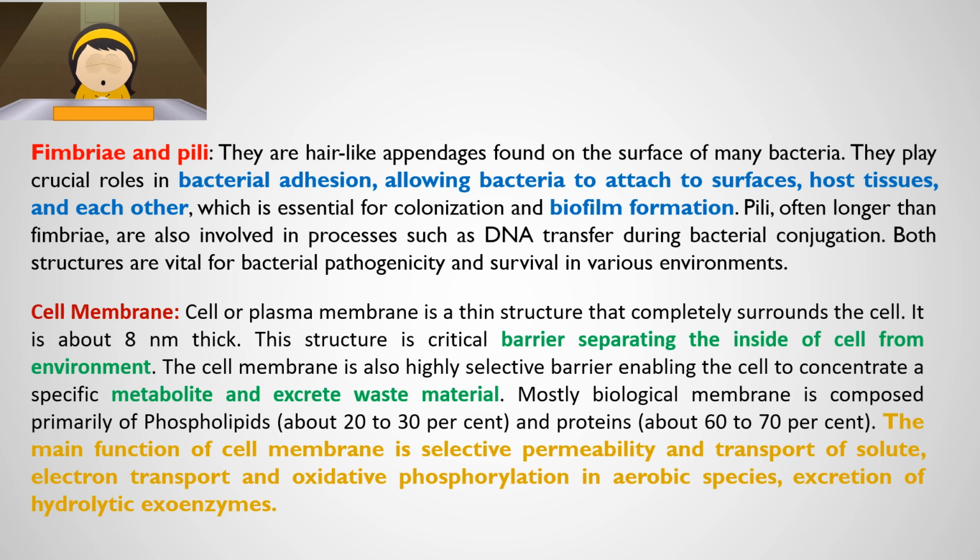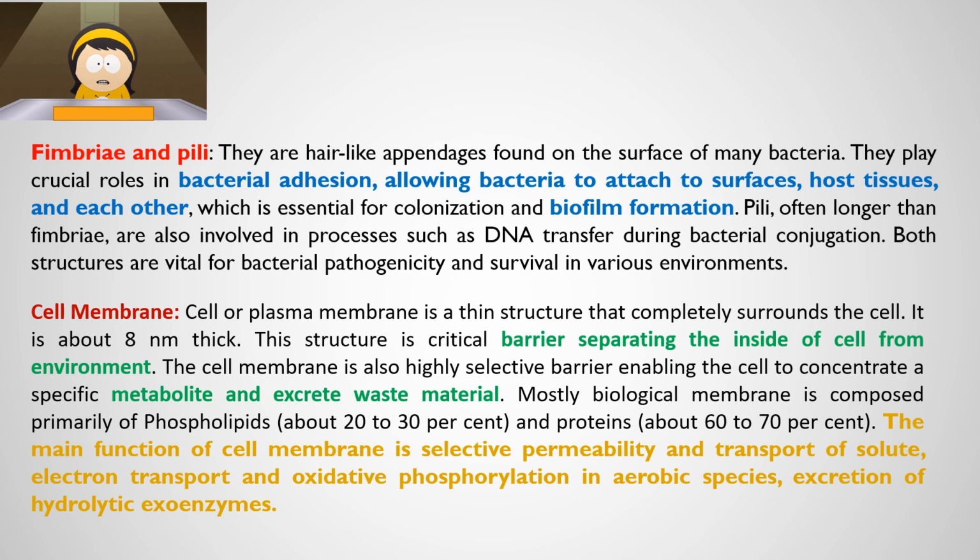Cell membrane. Cell or plasma membrane is a thin structure that completely surrounds the cell. It is about 8 nanometers thick. This structure is a critical barrier separating the inside of cell from environment. The cell membrane is also a highly selective barrier enabling the cell to concentrate specific metabolites and excrete waste material.